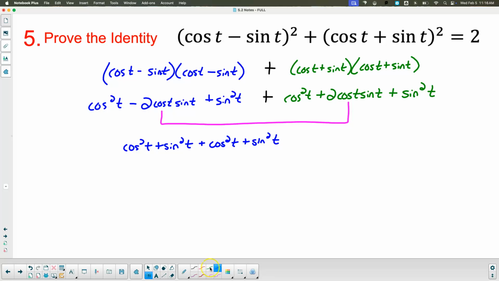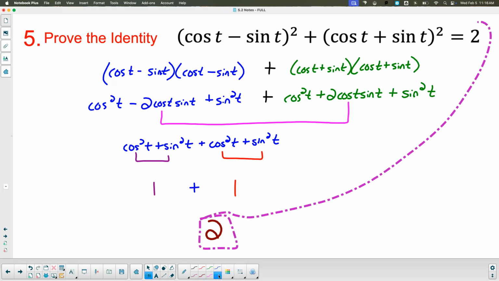What do these two combine to be? This one combines to be 1. These two combine to be 1. 1 plus 1 is 2. And now we know we're done because we got the other side.